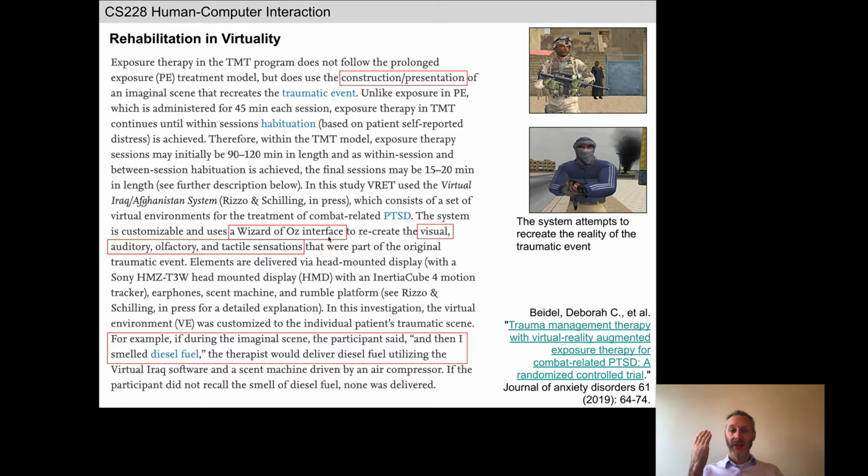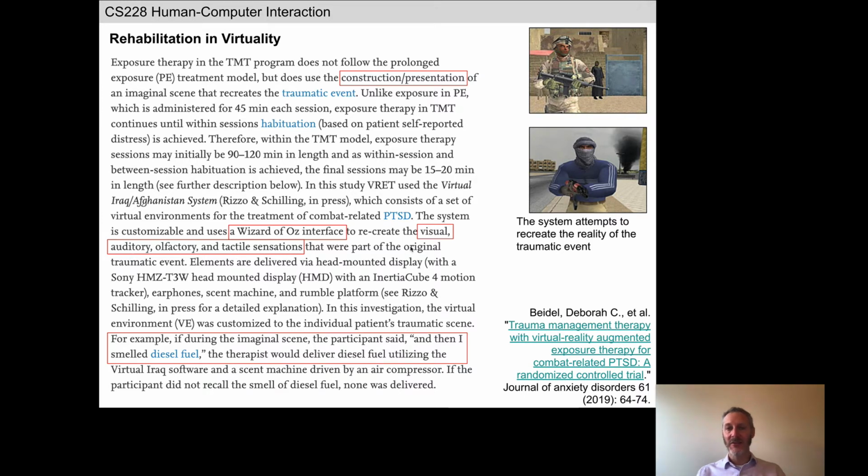So there is a therapist on the other side of the system who is actually pressing the buttons and increasing and decreasing the visual, auditory, olfactory, and/or tactile sensations in the event.